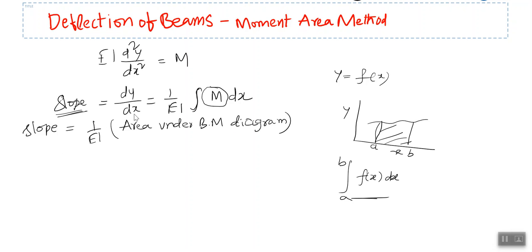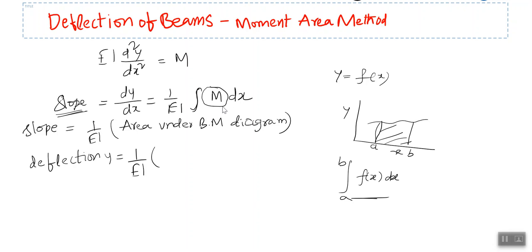Similarly, if we integrate this one more time, we will get the deflection, right? So the deflection y is equal to 1 by EI times, if we integrate this one more time, this will become M into x.